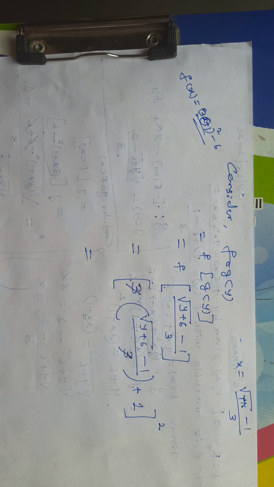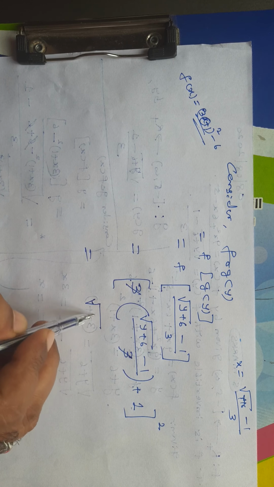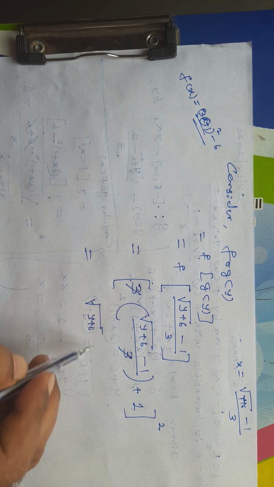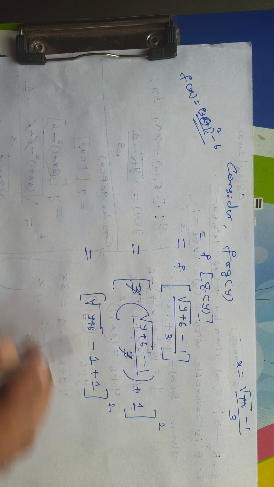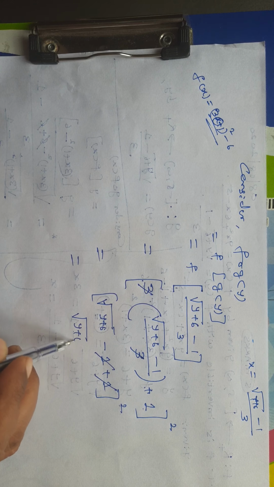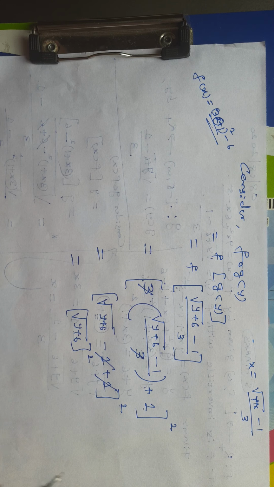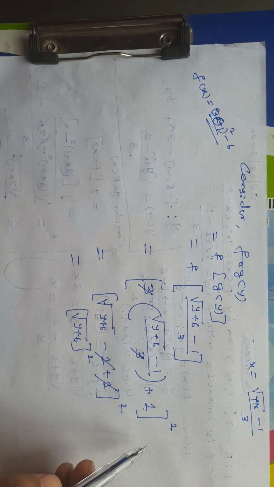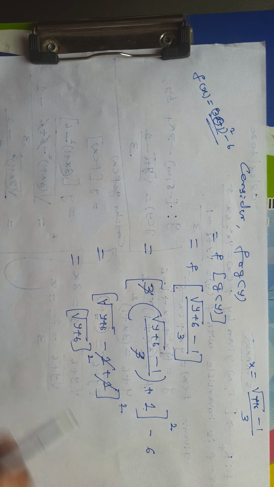So I will get here root y plus 6, so this one as it is, minus 1 plus 1, this whole square as it is. Plus 1 minus 1 cancels, root y plus 6 whole square. So here I have to write minus 6.